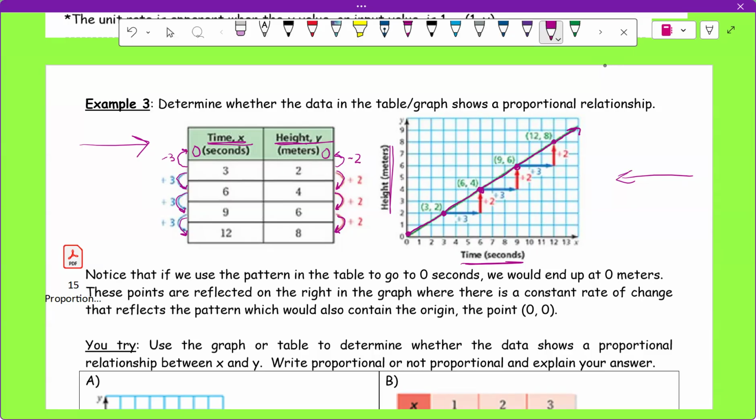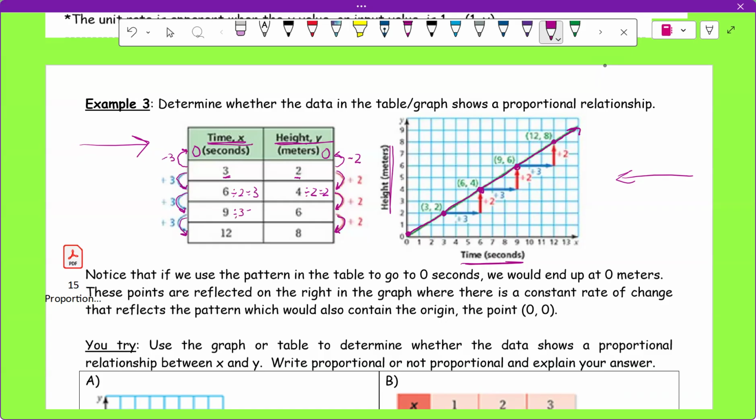If we're comparing y to x or x to y, we have 3 to 2. 6/4 also simplifies to that same ratio, right? We could divide by 2, and we get 3 to 2 again.